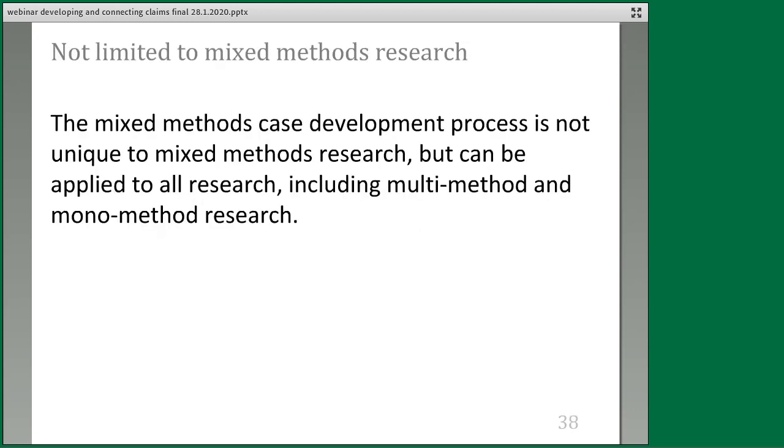Okay, finally, I think this claim development process is not unique to mixed method research, but it can be applied to all research or to much of it. It can be applied to multi-method and mono method research. And as I've shown, it can also be applied between two studies.